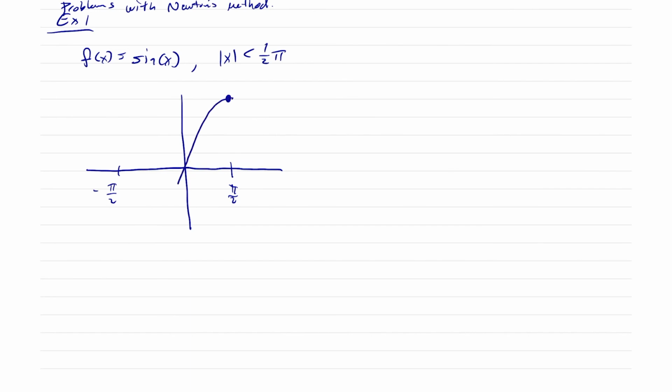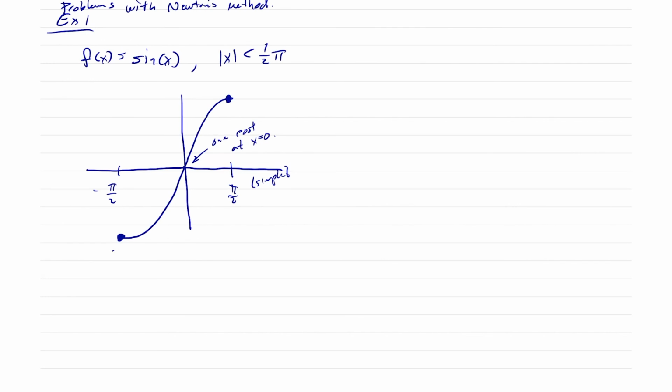And this is what sine looks like there, right? It's flat up here, and flat down here, and that is our root. So one root at x equals 0, and it is simple, and that's because cosine is the derivative, and cosine is 1 there.